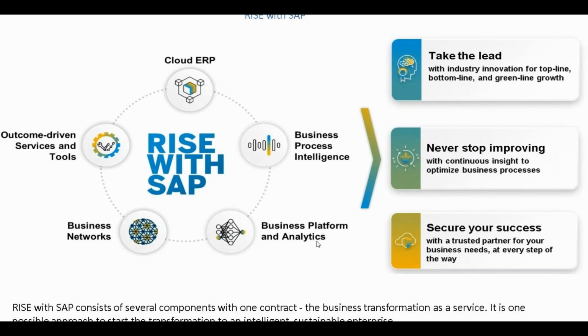So there are so many components as part of this. They are providing cloud ERP for you. They are providing business process intelligence. They're providing business platform and analytics, and business networking. And there are so many services and tools they offer as part of this RISE with SAP. So the advantage the customer will have is he doesn't need to have different licenses and different SLAs. All that is not necessary now.